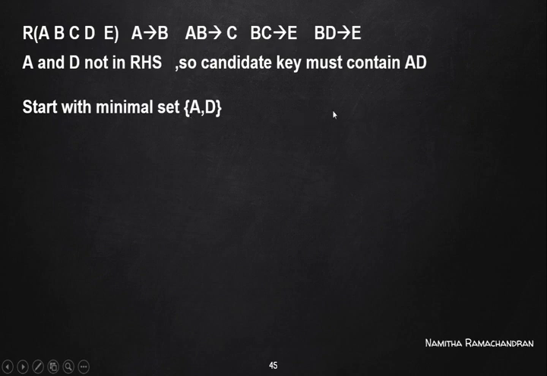That means consider the closure of A, D alone first. So directly add this A and D to the closure set. So from these given dependencies, if we know the value A, we can derive B.